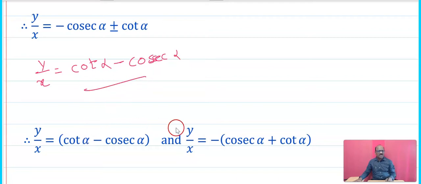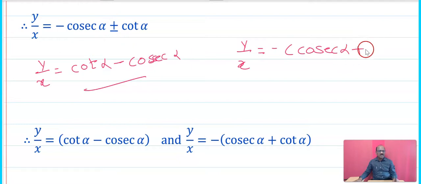This is the first one. What about the negative sign? Then y upon x equals, taking the minus sign common, minus cosec alpha plus cot alpha.